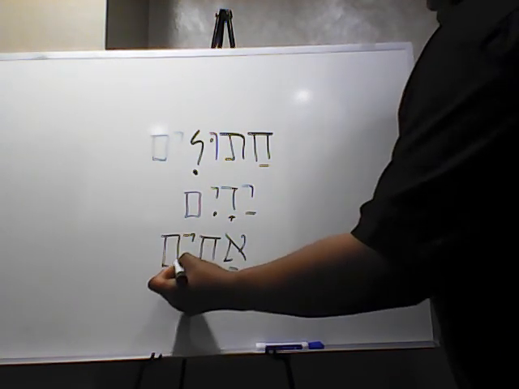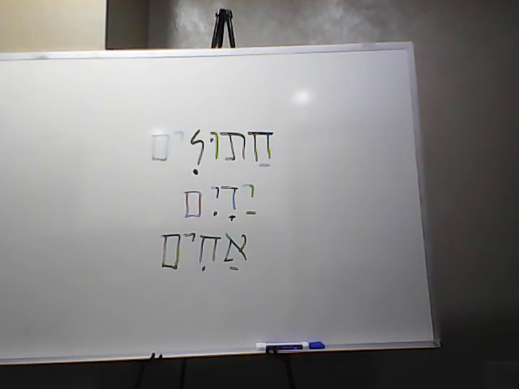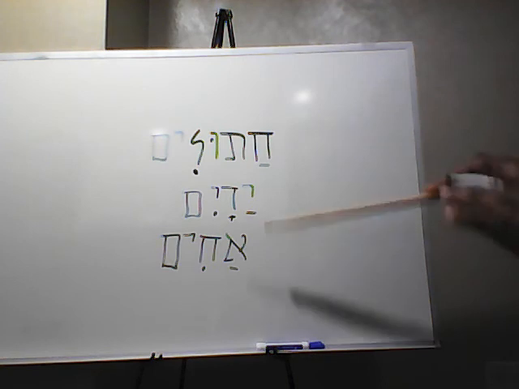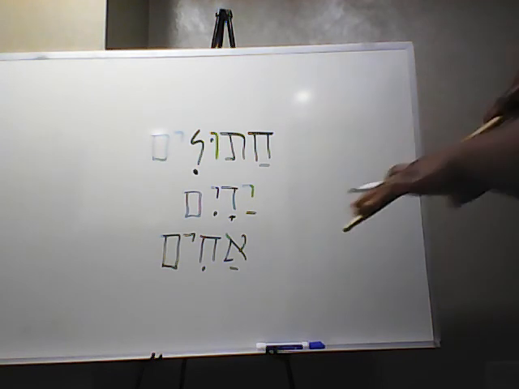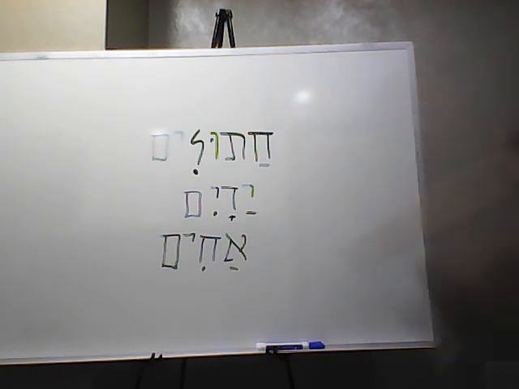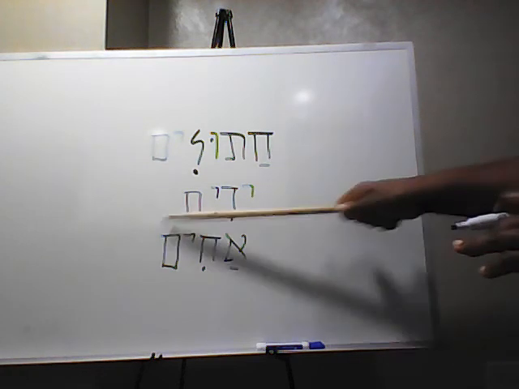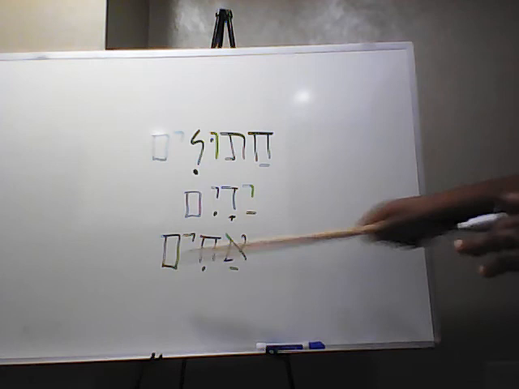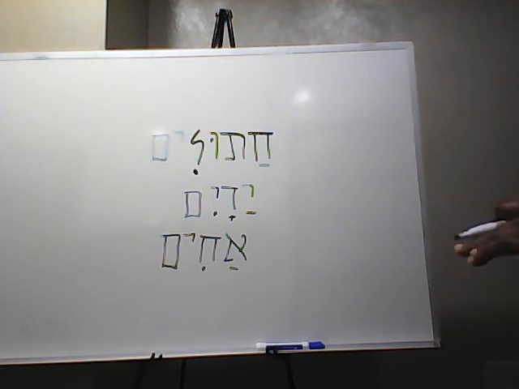Achim means brothers. In the description, I'm going to show a more in-depth lesson about this word, but right now we want to go into how the pluralization works in this case.